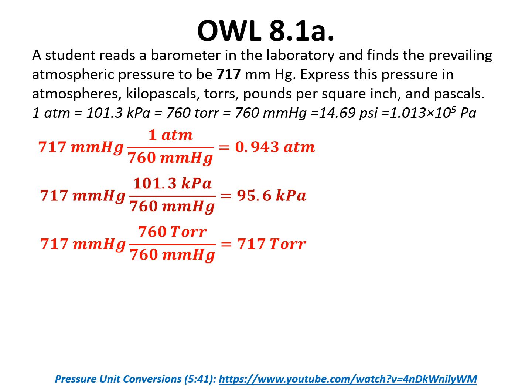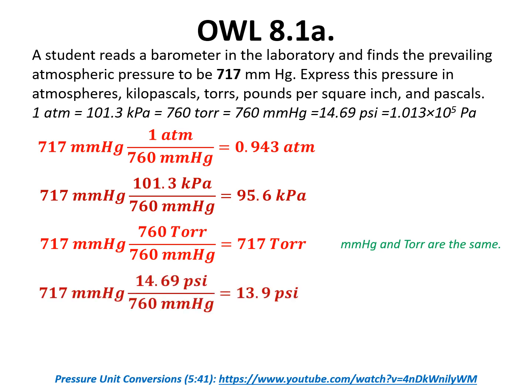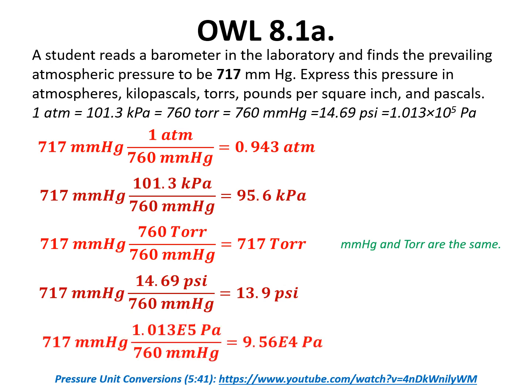We just know that they're the same. And then if we want to go to pounds per square inch, we would multiply by 14.69 psi over 760 millimeters of mercury. Lastly, we can convert to pascals following the same procedure, and we get 9.56 times 10 to the 4 pascals.